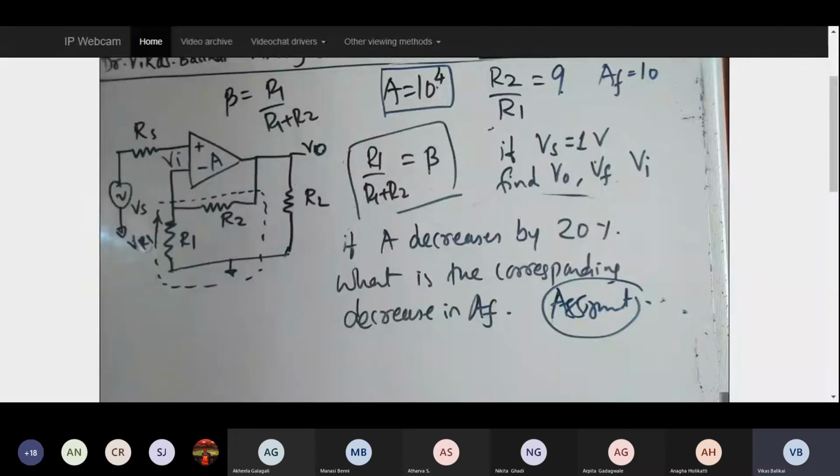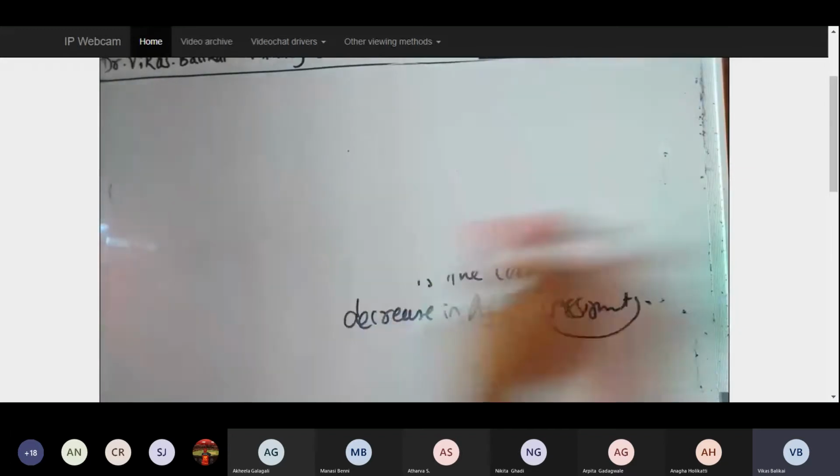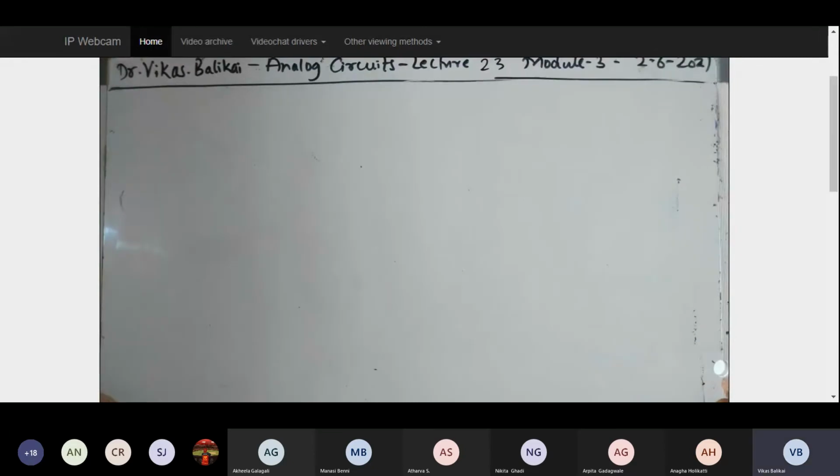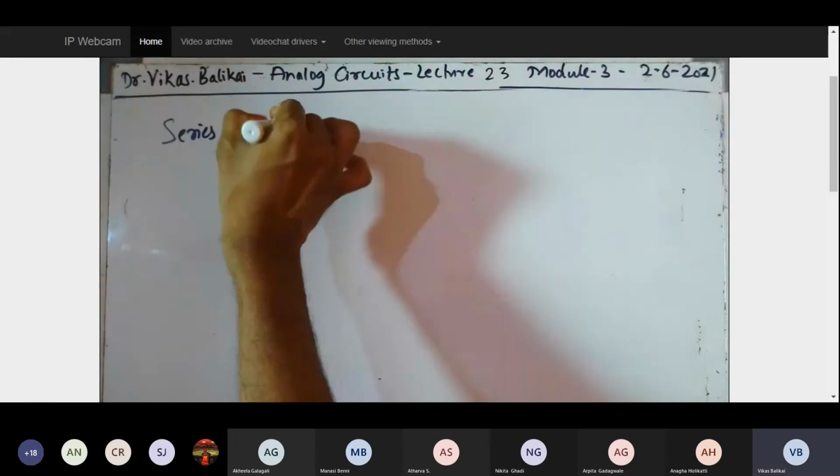So with this, we'll jump into the next feedback configuration, which is the series feedback amplifier configuration, which I also call by the name series transconductance amplifier.